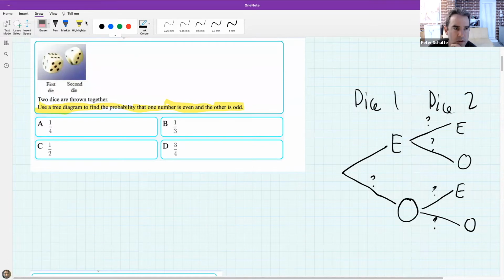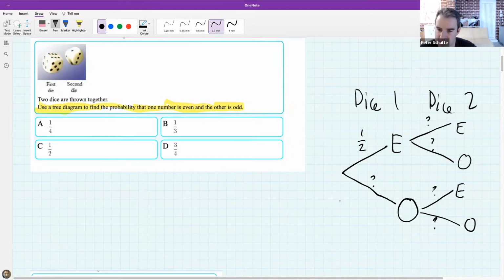So if we just focused on the even, what's the probability of getting an even number when you roll a dice? You could say 3 out of 6, or you could say a half. I think that, a half because 3 of the numbers are evens and 6 of them are in total.